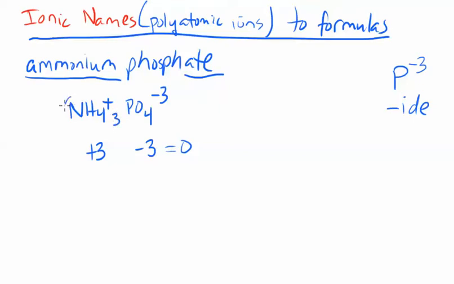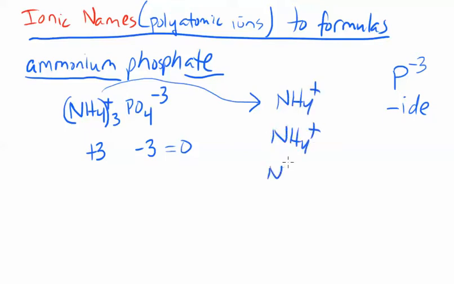And remember, anytime you have more than one of a polyatomic ion, it has to go into parentheses. Because if you don't put the parentheses there, instead of having 3 ammoniums, which is what the parentheses tell you, what you'll end up with is it'll be like this.